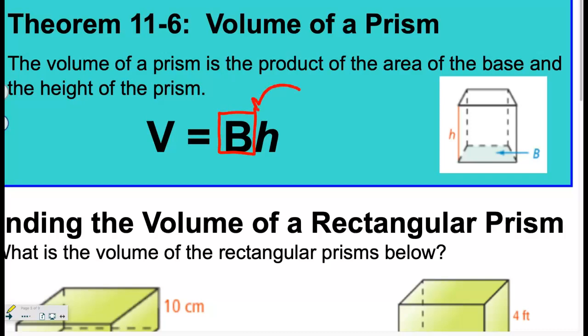I'd also write it in on your note card and make sure you know that this capital B is area of the base. Which, actually, when it has a rectangle on the bottom, is length times width, but this formula holds regardless of what shape we put on the bottom.